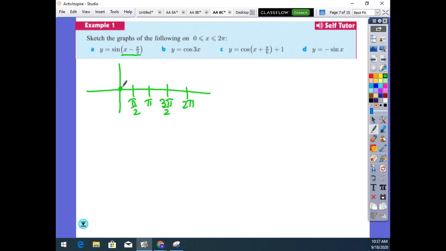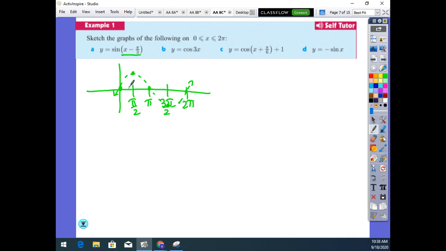Normally with phase shifts or horizontal shifts, I always start with the original and then I do a dotted line so I can see. Sometimes the points can get confusing. And so I always start with the dot of, I actually connect these points so I know which dots go with which.